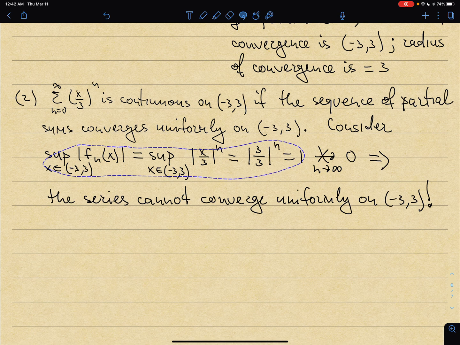The reason the uniform convergence is lacking is because when x gets very close to 3, then I get 1, and that's a problem.